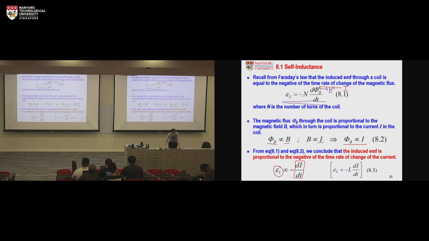So the self-inductance effect will be larger. So this is a general correlation. And if you want to quantify it with a factor, all you need to do is put a coefficient between these two. Let's say in this case we put a coefficient L.